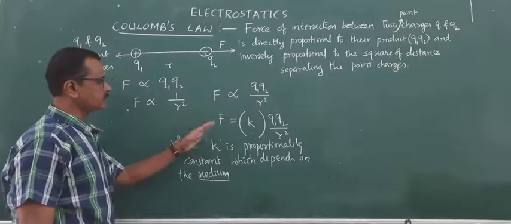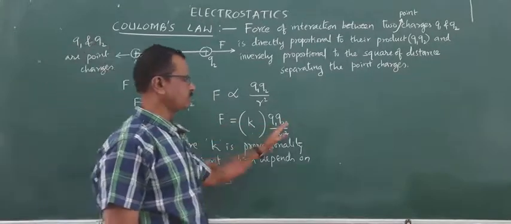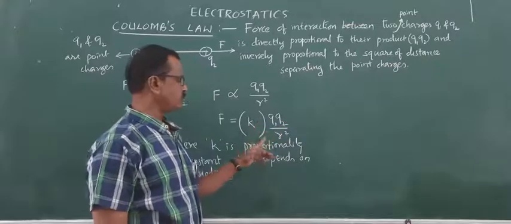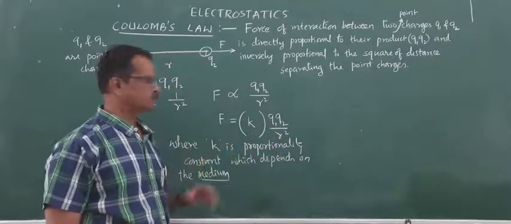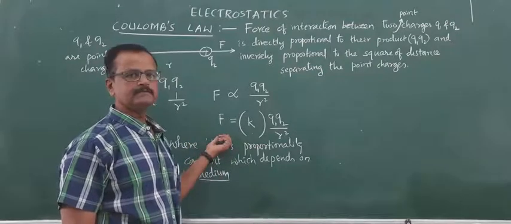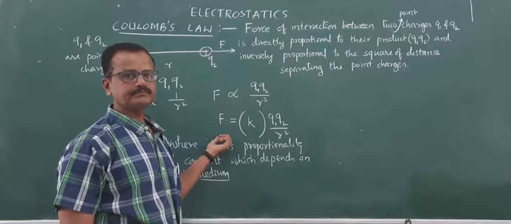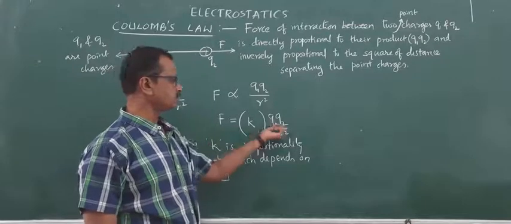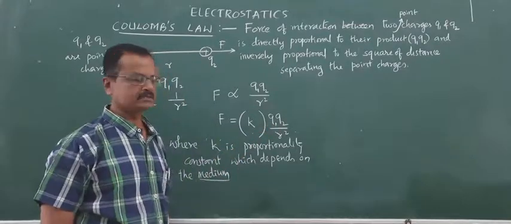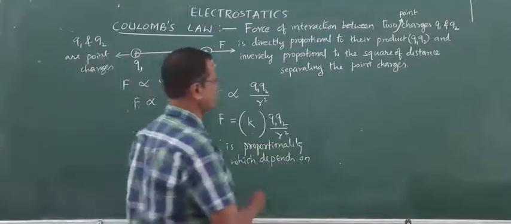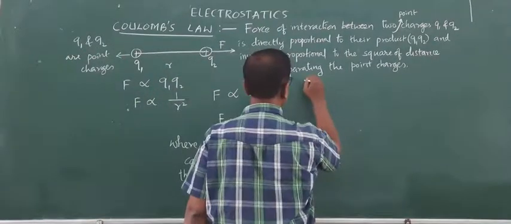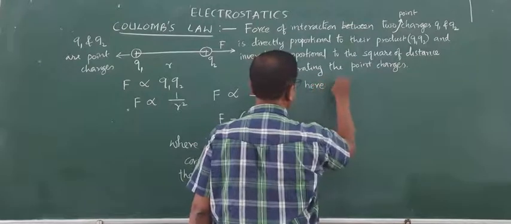Thus, when you write this, we get F equals K Q1 Q2 upon r square. This is just the magnitude of force. We have not yet written the direction of force. The direction of force depends on the product of the charges. Now, what is the value of K for free space?